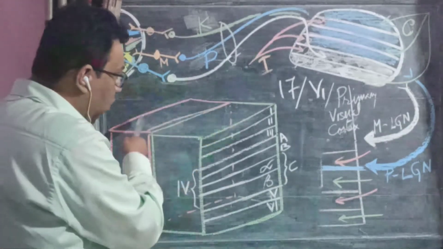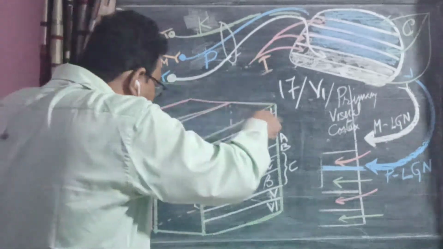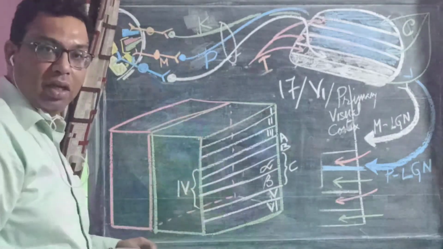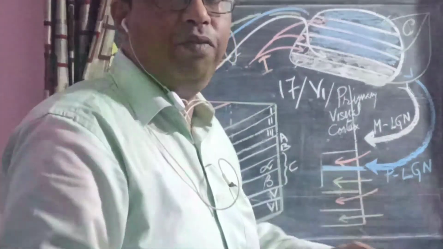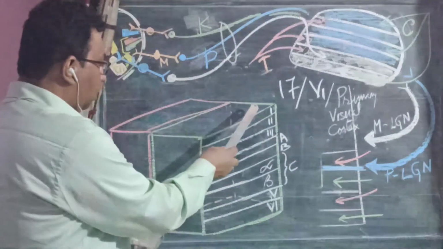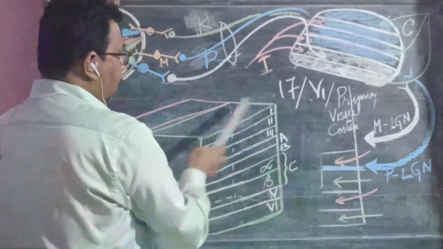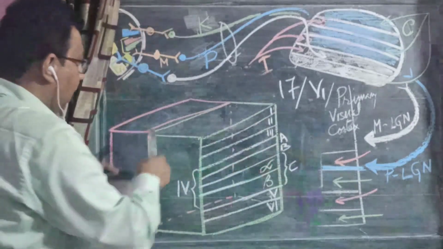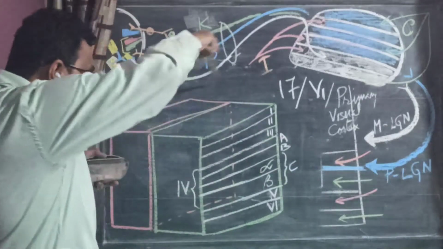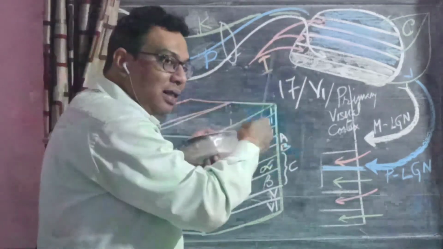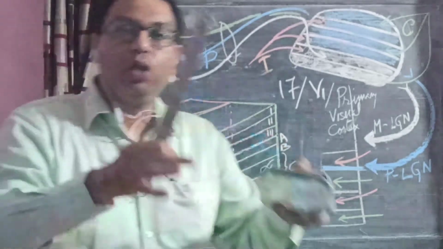So we have the ocular dominance layers, and we also have some other structures which help in the further processing of the visual sense. You have the ipsilateral dominant layer here and the contralateral dominant layer here, and along with other structures this will be known as a hypercolumn, a visual parallel processing module.